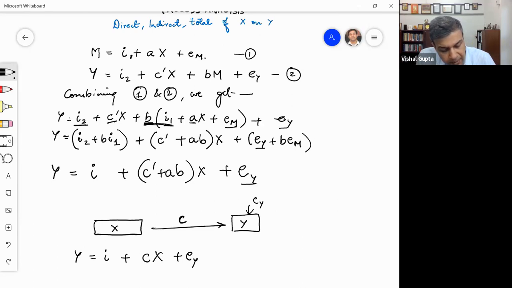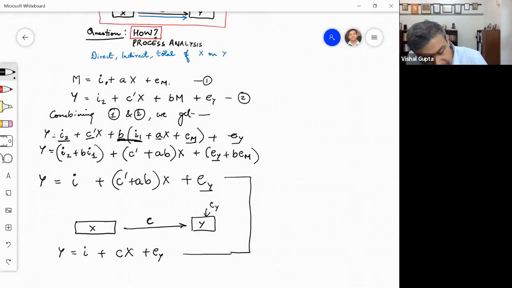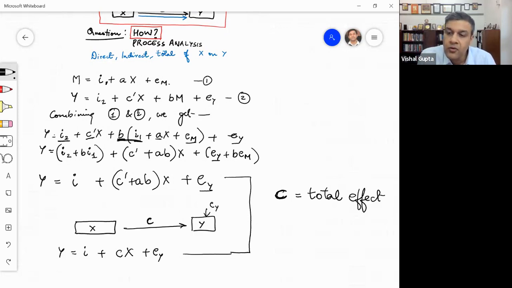If you compare these two equations, it can be said that here C is called the total effect of X on Y. If there was no mediator in the analysis, it was C. When we brought the mediator into the model, the coefficient of X on Y became C dash.